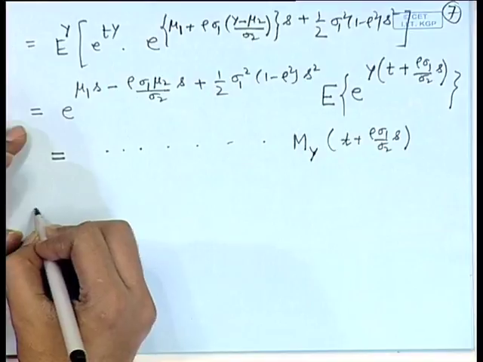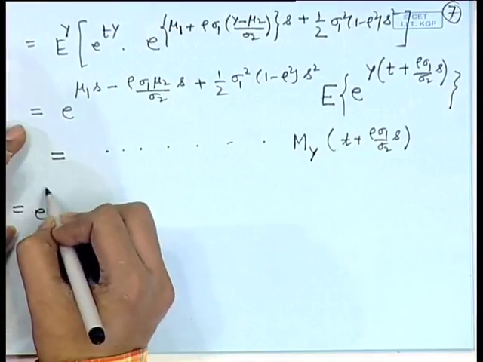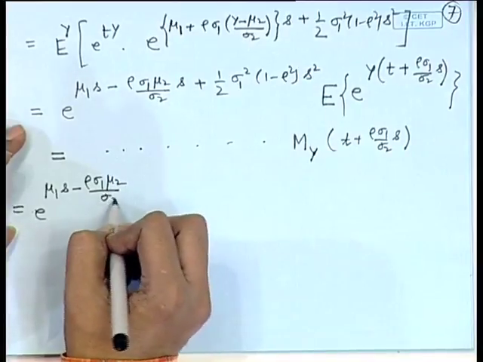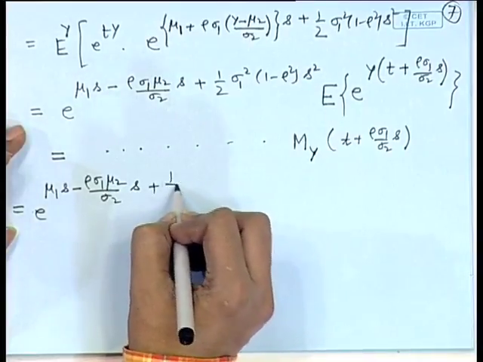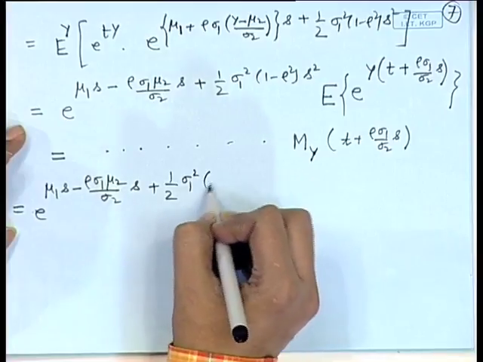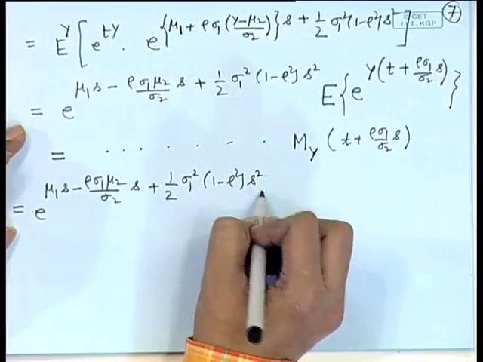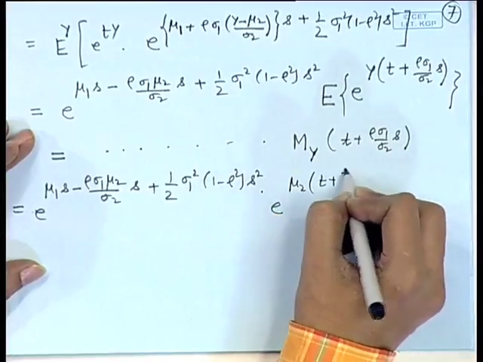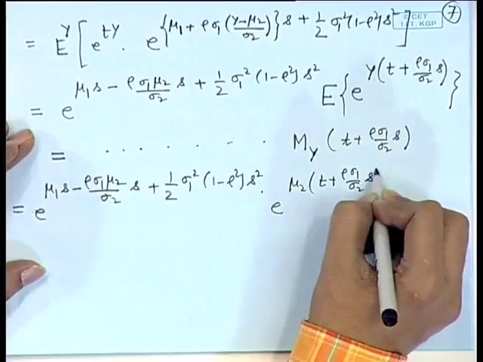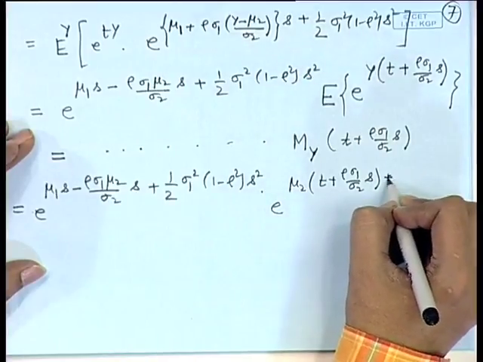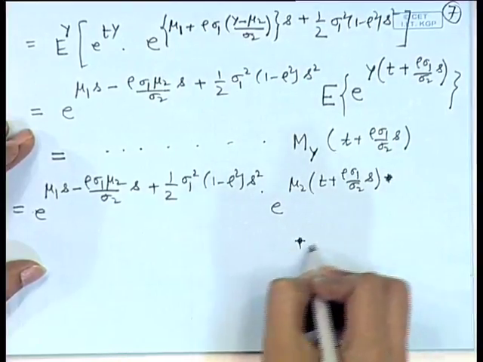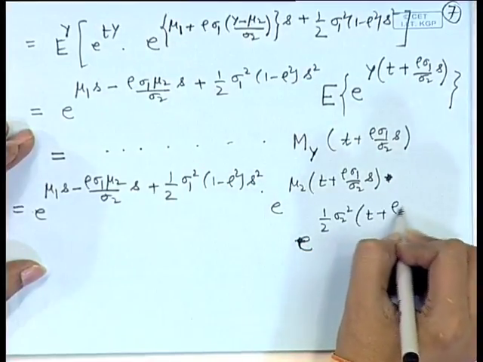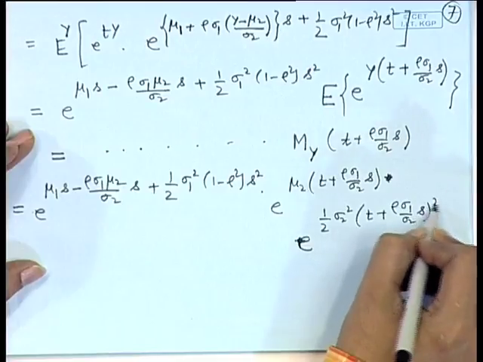So, we get it as e to the power mu 1 s minus rho sigma 1 mu 2 by sigma 2 s plus half sigma 1 square 1 minus rho square s square, times e to the power mu 2 times t plus rho sigma 1 by sigma 2 s, plus half sigma 2 square times t plus rho sigma 1 by sigma 2 s, whole square.